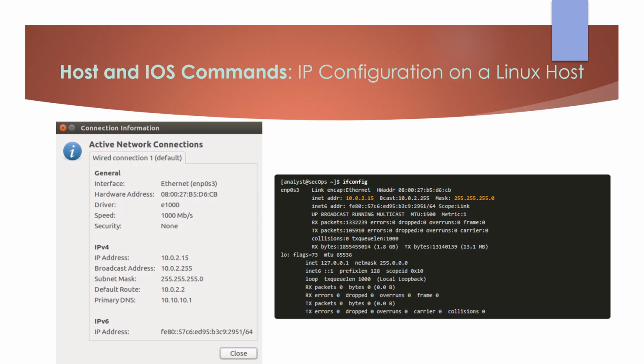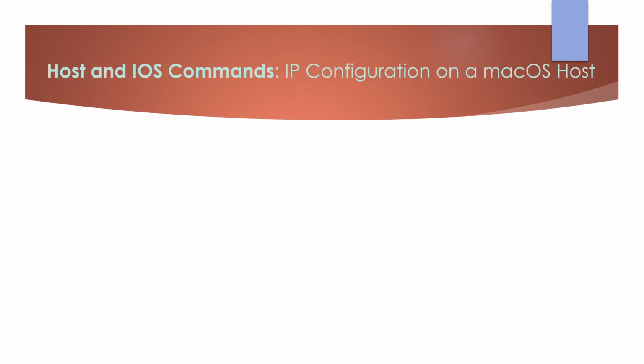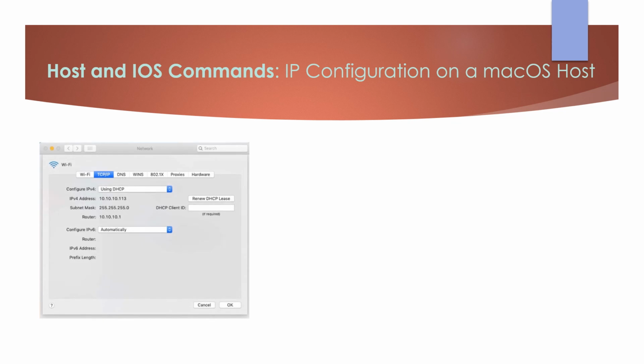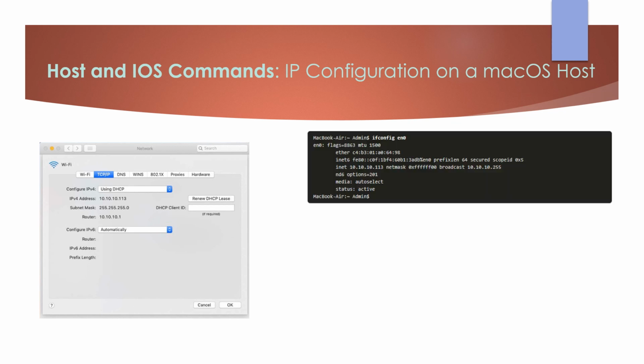And as for the Mac host, in the graphical user interface, we open the network preferences advanced to get the IP addressing information as it is shown in the figure. However, the administrator can also use the ifconfig command to verify the interface IP configuration as it is shown here in this output.